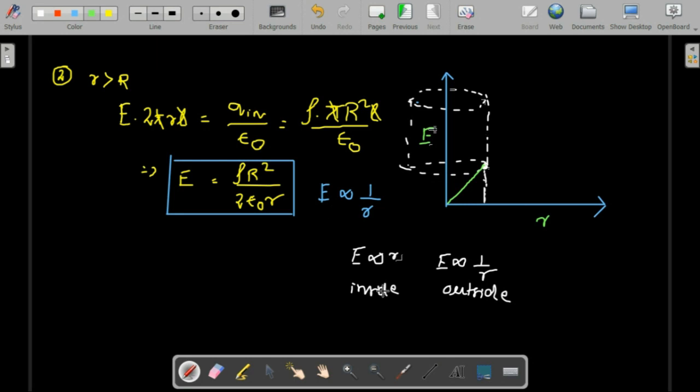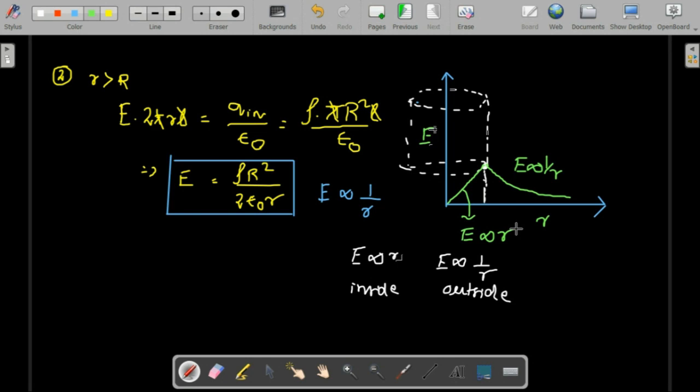As R increases, electric field will increase, but outside as R increases, the electric field will reduce. It is 1 by R, so it will be something like this. So here E is proportional to 1 by R, and here E is proportional to R. That's the idea behind a hollow and a solid cylinder.